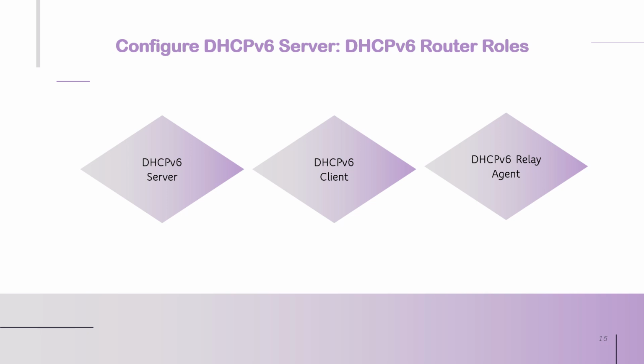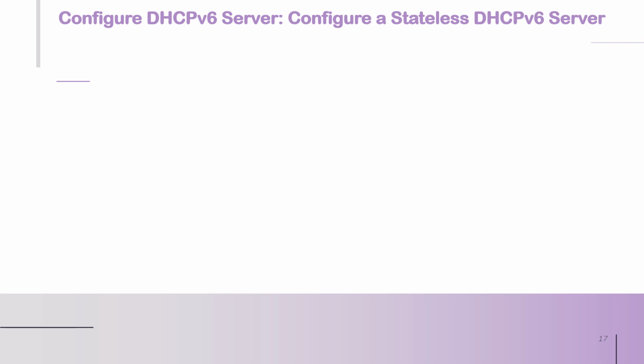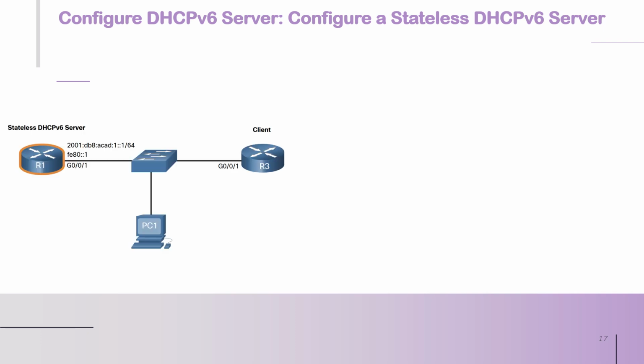So the first step is to configure a stateless DHCP version 6 server. And to do that, we will refer to this topology to learn how to configure the stateless DHCP version 6 server method.